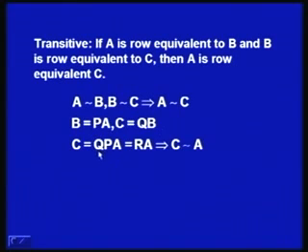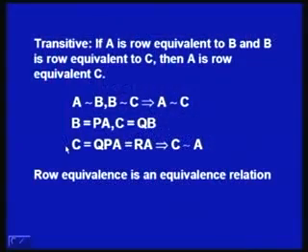QP is a product of elementary matrices, as P is also a product of elementary matrices. So QP is another matrix R, and C is equal to RA. That simply means that C is equivalent to A. So, we have proved the reflexive property, the symmetric property and the transitive property, and this means that row equivalence is an equivalence relation.